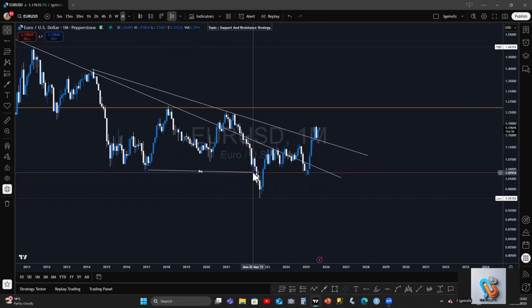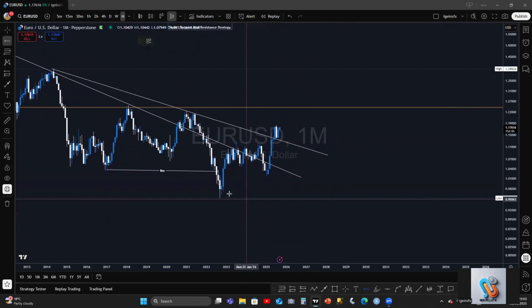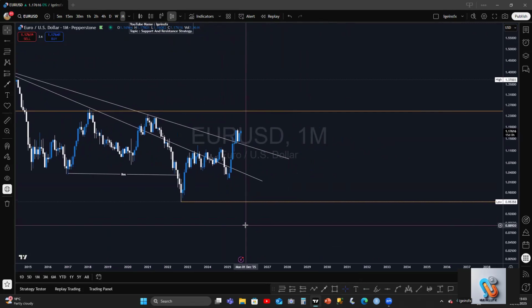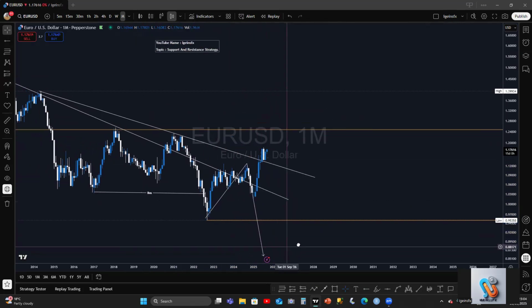Now, when price pulled to the downside, it created this low. Then you see a push to the upside, and it created a resistance here. Instead of price pushing to the downside and creating another lower low, which was what it was supposed to do, it failed to do so.